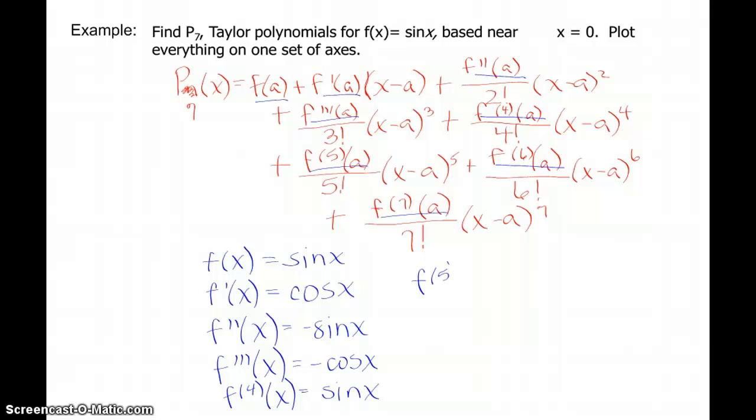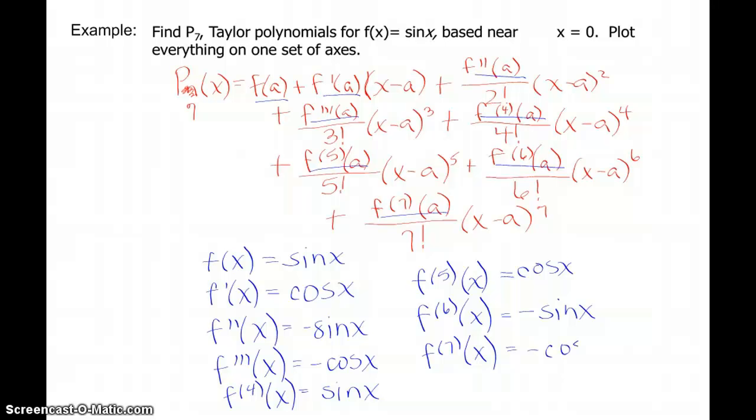The fifth derivative at x is positive cosine. The sixth derivative at x is negative sine. And finally, the seventh derivative at x is negative cosine. So there are all of our derivatives.